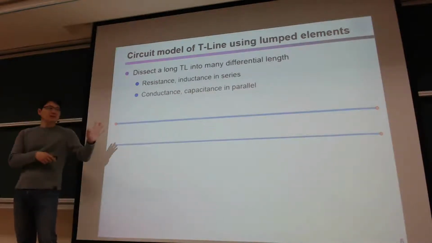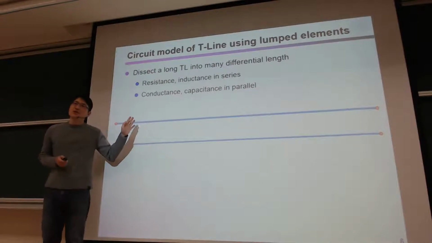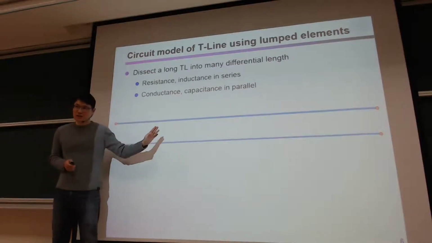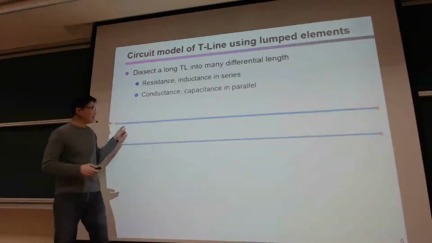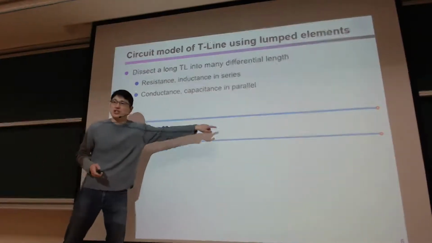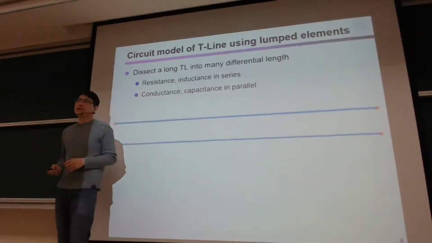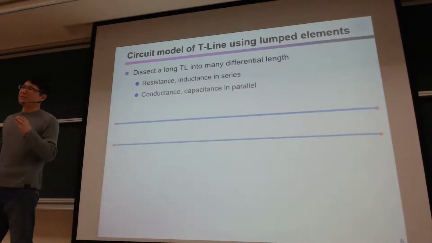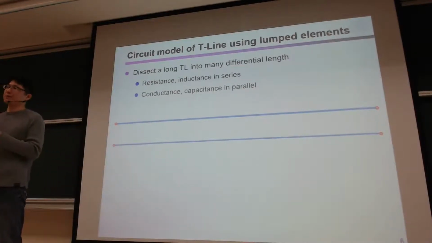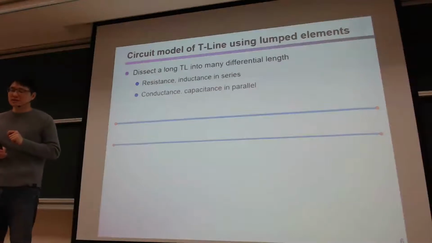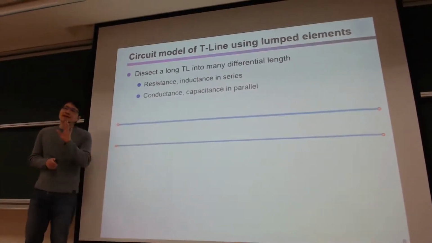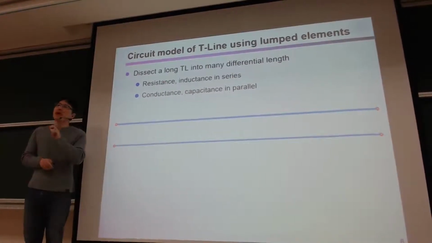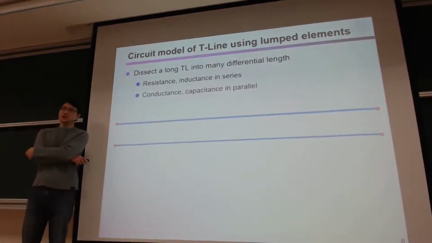Because when I'm saying it is a transmission line, it means over the distance, I might have rapidly changing voltage and current because the wavelength is short as compared to the transmission line distance. But what if I do some approximation or approach?